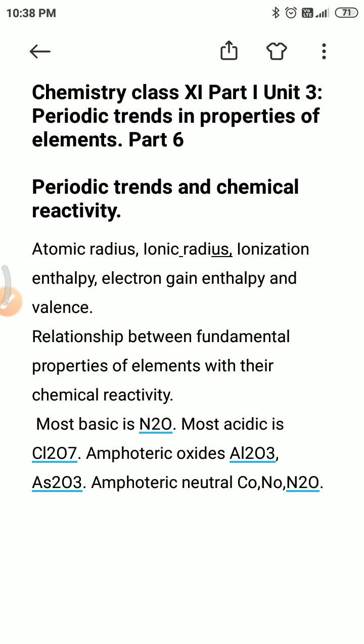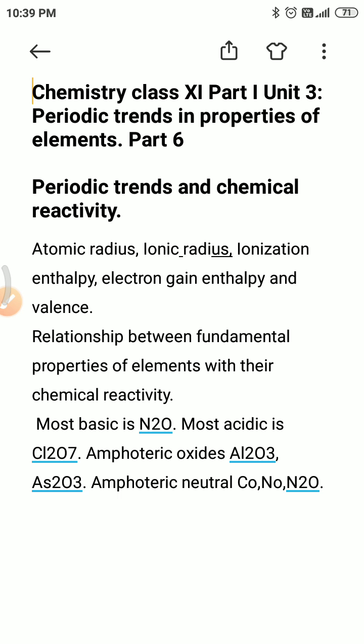This property can be related to the reducing and oxidizing behavior of the elements. Maybe this part we can study in another chapter. However, it can be directly related to the metallic and non-metallic character of the elements.